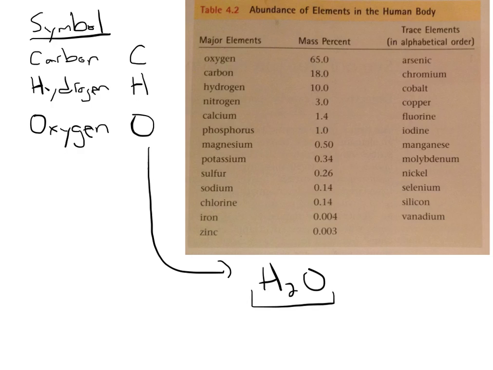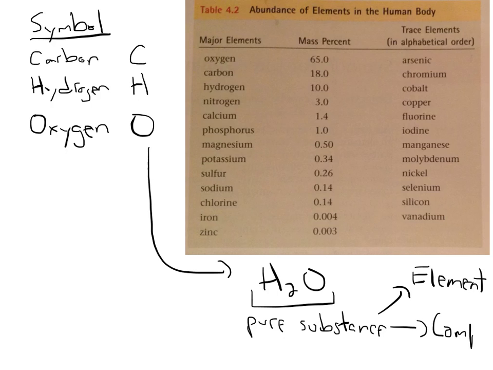This is a pure substance. And a pure substance can either be an element or a compound. And this actually, because it has more than one element, is a compound. But now we see our alphabet, those 92 elements. We now understand something about this a little bit more. We now know it has two atoms of hydrogen and one atom of oxygen.